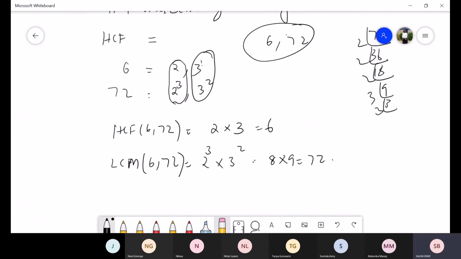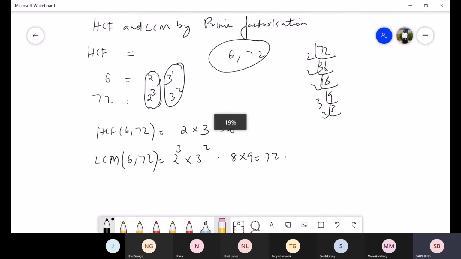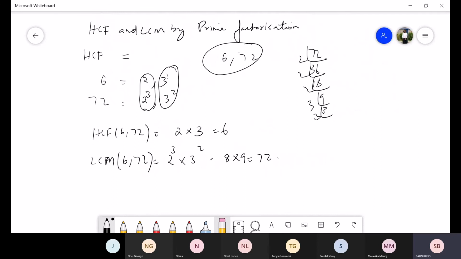For HCF, we will take the lowest power, and for LCM, we will take the greatest power. That's it. So this is what is meant by HCF and LCM of numbers using the prime factorization method. We use the prime numbers to find the factors and then find the HCF and the LCM.